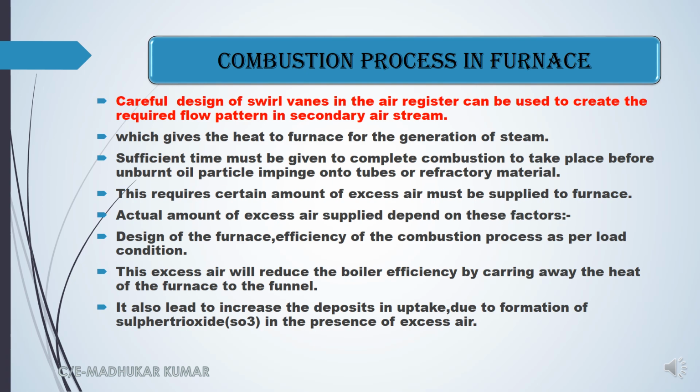So basically, the swirl vanes are utilized to create the secondary air pattern, meaning the amount of air flow. All these things are being controlled. So basically, it gives the heat to the furnace for the generation of steam. We have seen the secondary flame formation and the suspended flame creation, and this is creating sufficient heat inside the furnace and creating the steam.